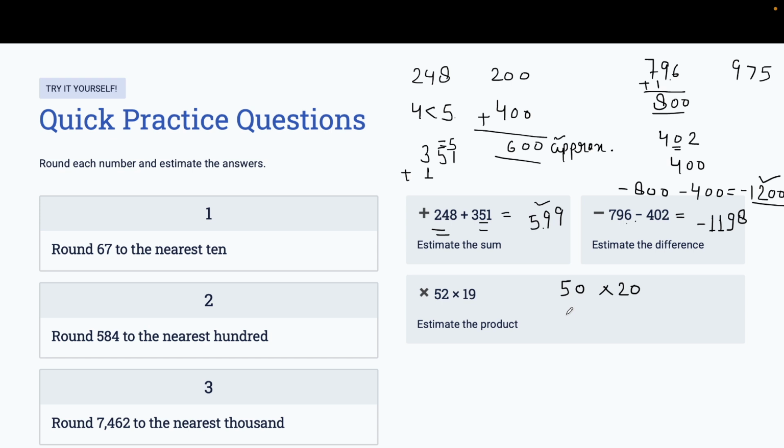If you have any problem or any query, you can comment your query. I will surely reply to your comment. 5 twos are 10, so 1000. Clear? Now let's begin our new topic, that is Bodmas rule.